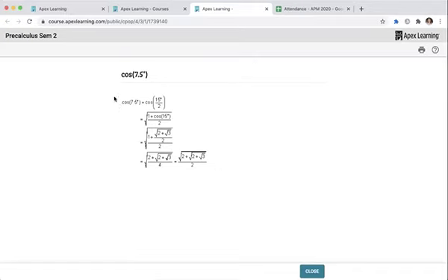So if we're looking at something like this where we don't know the answer off the top of our head, we can use our identities and the reference angles that we're more comfortable and familiar with. So cosine of 7.5 is just 15 divided by 2. Since we know that, we can use this equation, rewrite it, and this would give us our exact answer. And no, it does not look friendly at all.